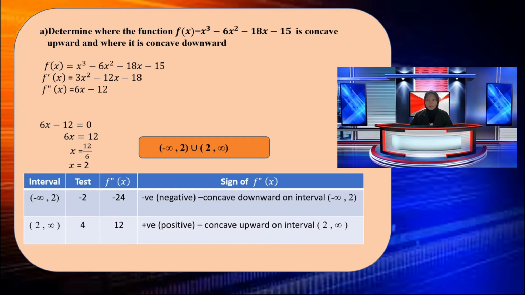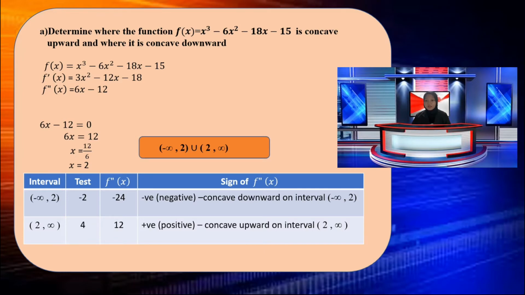Let's make it easier by doing a table. So in the table we have the interval, the test, the second derivative of f(x) and the sign of the second derivative of f(x). Okay, first I'm going to do the interval negative infinity to 2. Here we can choose any number between negative infinity and 2, and let me choose negative 2.